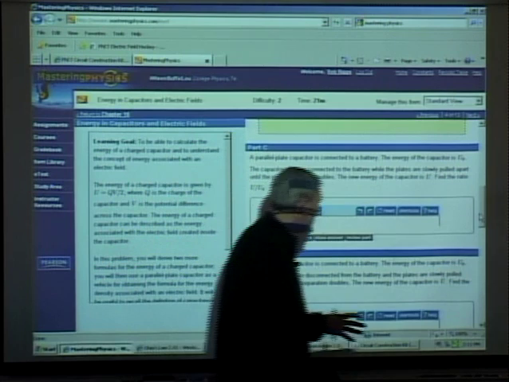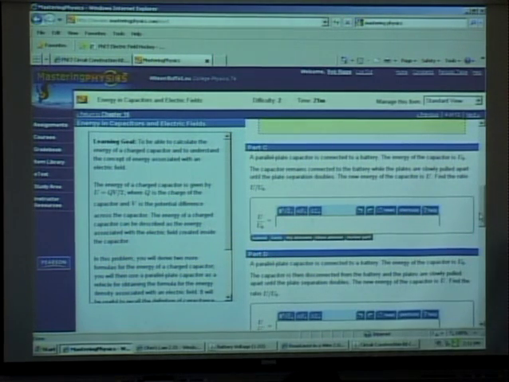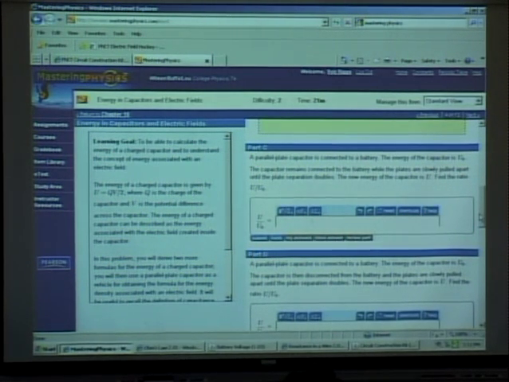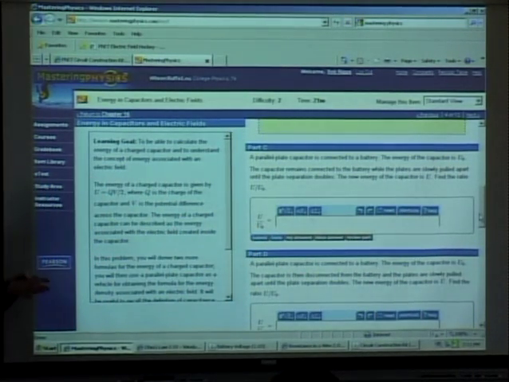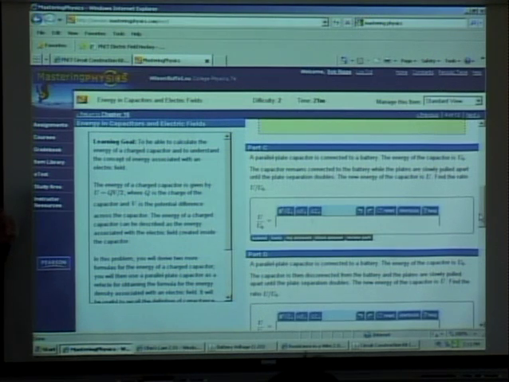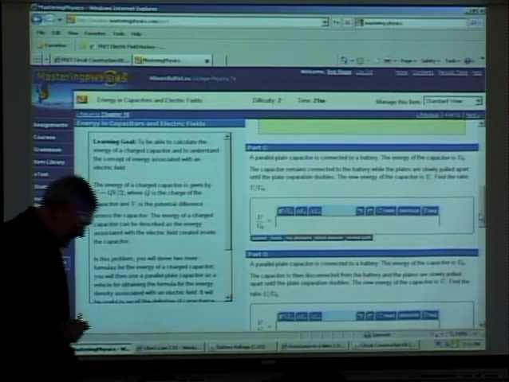The new energy of the capacitor is U. Okay, we're going to leave it plugged in. So this means coulombs are still building up, but what stays the same if it's still hooked to the battery? The voltage. Very good. Yes.